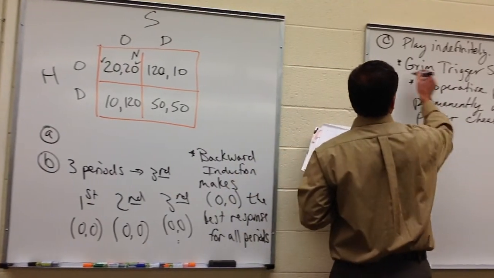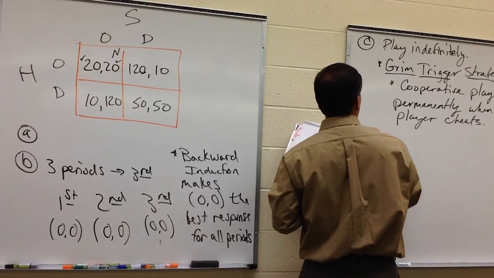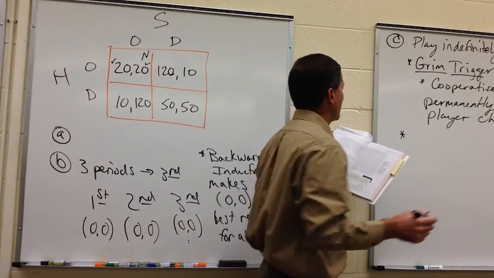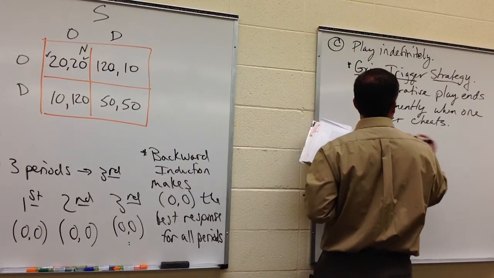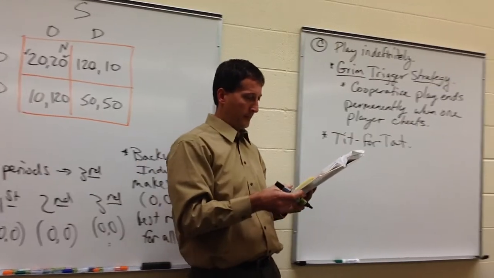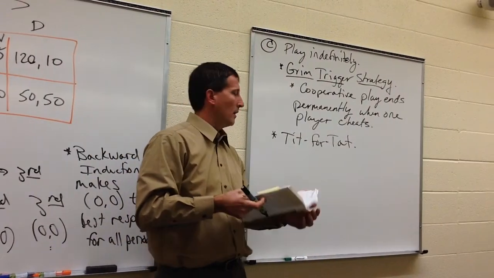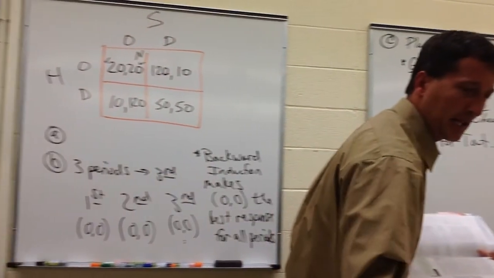And then it's not asked in this problem, but I also want you to write down the tit for tat strategy. Anybody got a guess of what tit for tat means?